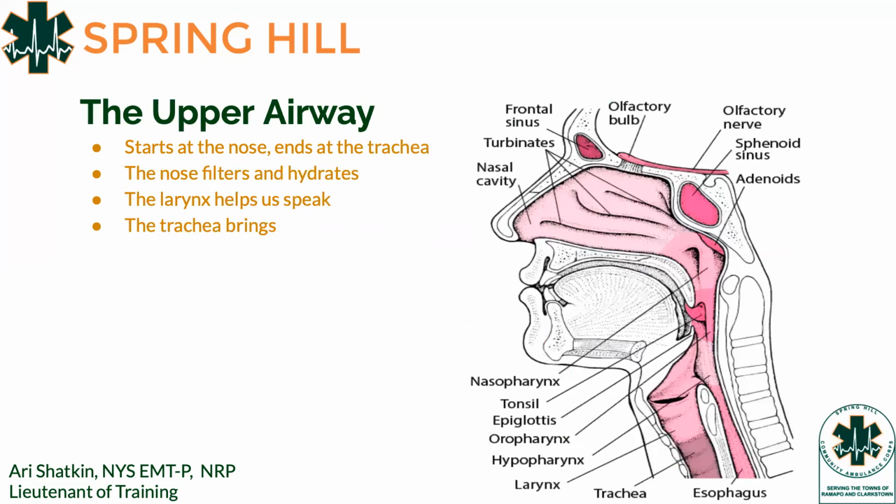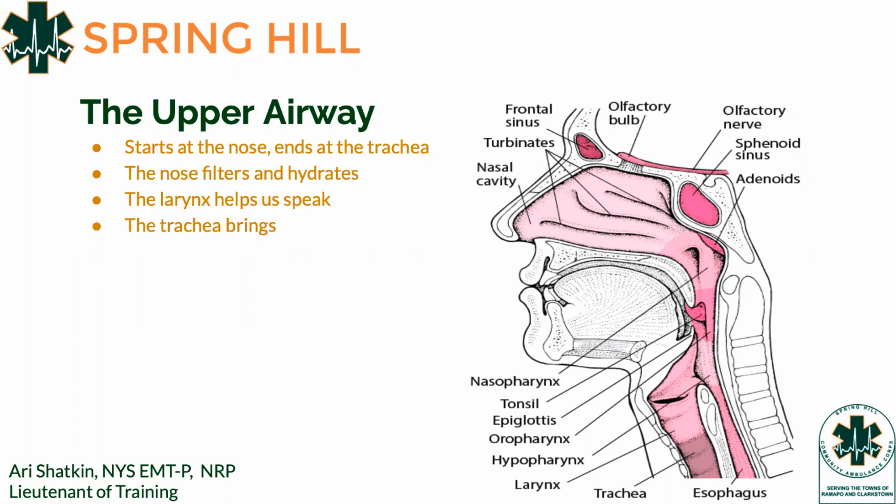The upper airway, like we said before, starts at the nose and ends in the trachea. The nose functions as a filter and a hydrator. The hair and the mucus in our nose catch any particulates, as well as the moisture in our nose helps moisturize the air that we're breathing in, keeps everything nice and moist for the lungs, because our lungs don't like dry. All right.